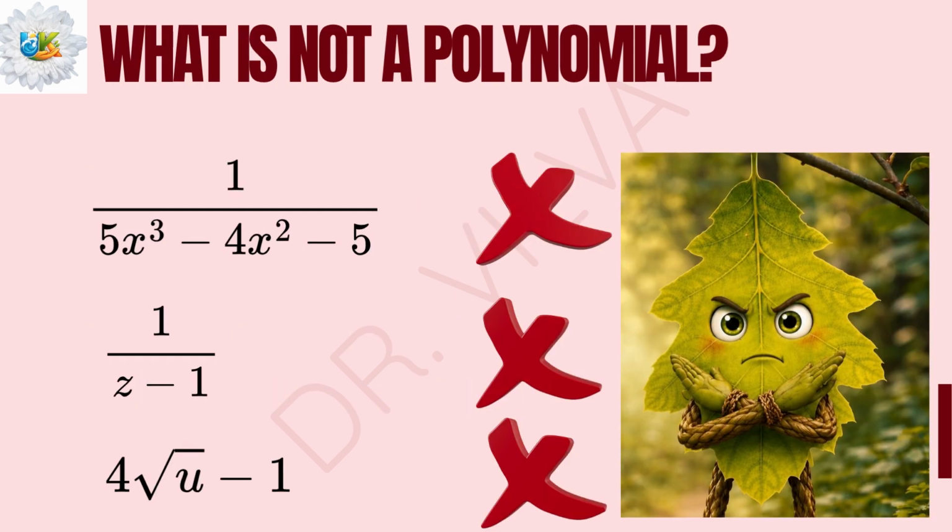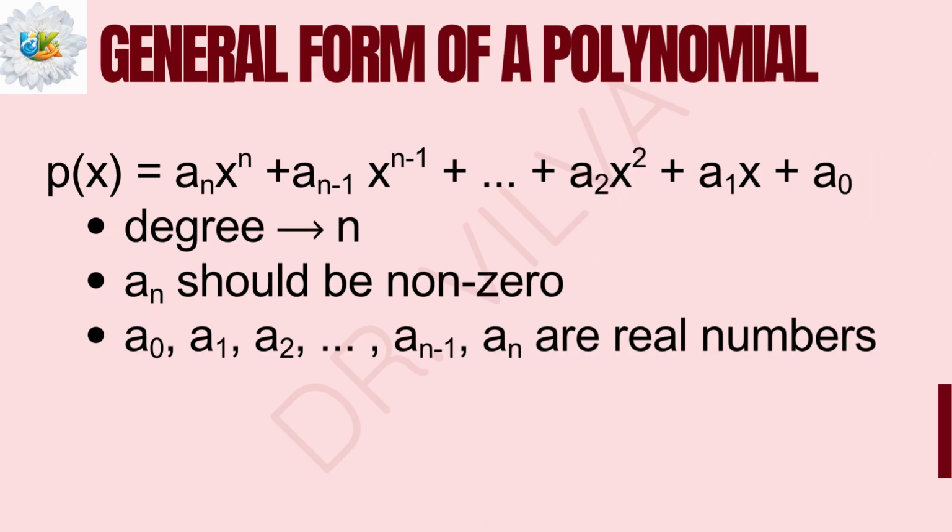Also, watch out. If you see a variable in the denominator, like 1 by x, or under a square root, that is not a polynomial. Here I have given a general form of a polynomial.